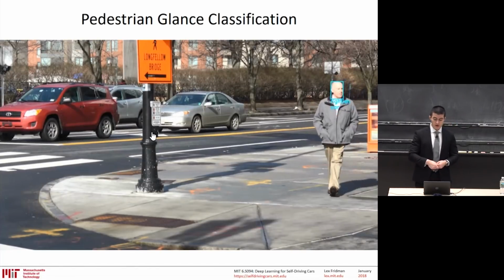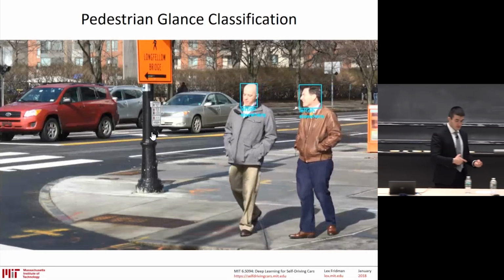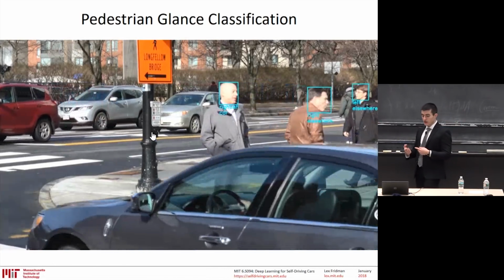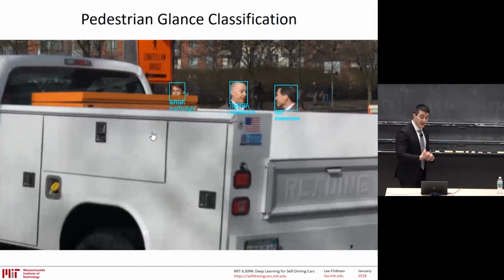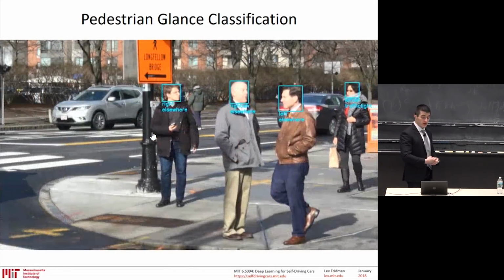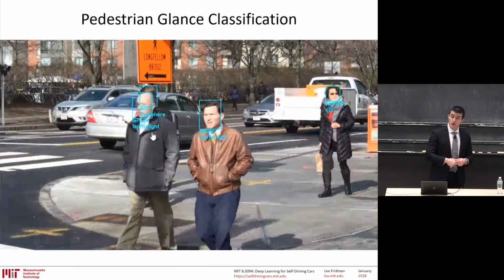On-road, off-road, left, right. The same can be done for pedestrians. Left, forward, right. You can annotate regions of where they're looking, and using that kind of classification approach, determine: are they looking at the cars or not? Are they looking away? Or are they looking at their smartphone?